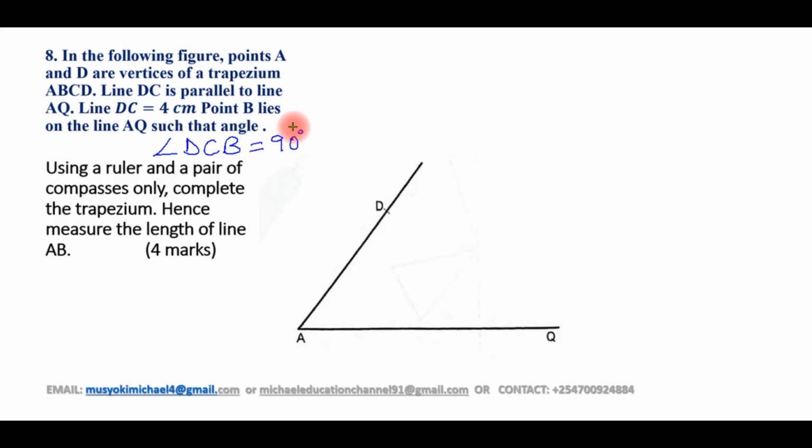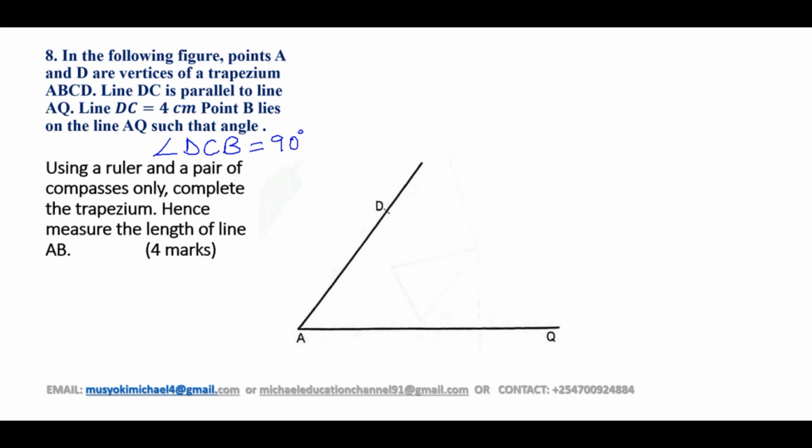So let us use a ruler and a pair of compasses only, so that we complete the trapezium, and then we measure the length of the line. The first thing we should do is to drop a perpendicular from D to meet AQ at M.